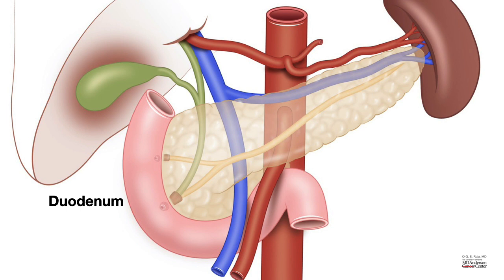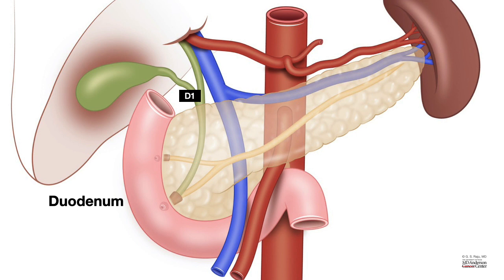We have removed the D1 portion of the duodenum so that you could look at what is behind it. As you can see, the bile duct, a little bit of the cystic duct, and sometimes the gallbladder are all in close relation to D1. That is the duodenal bulb, the first portion of the duodenum.